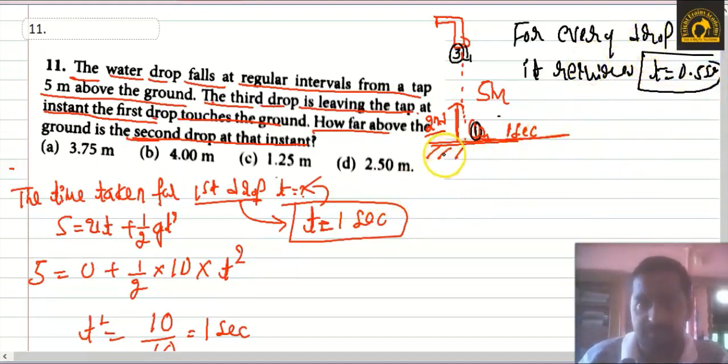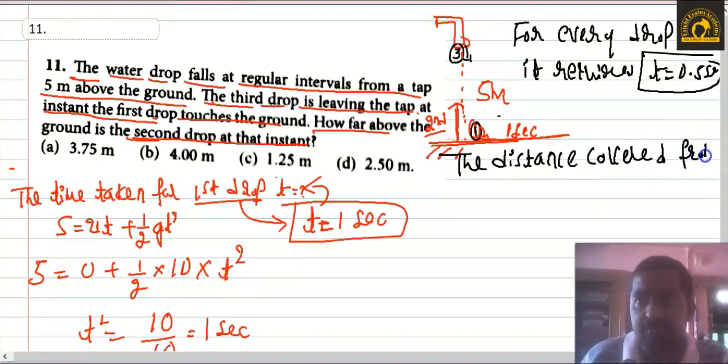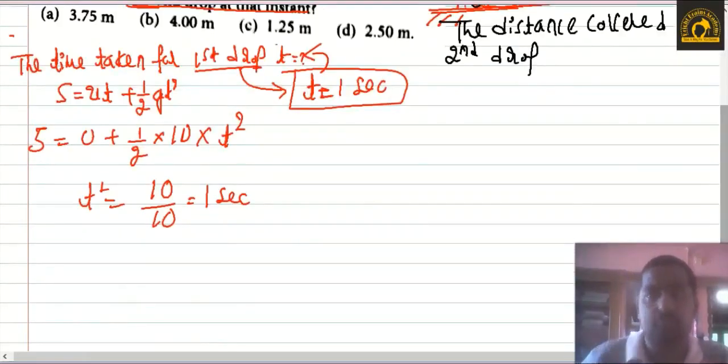Now the distance covered by the second drop. How much distance is covered by the second drop? Let's see the solution.